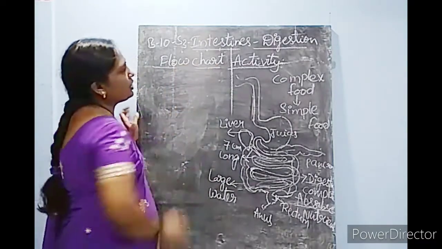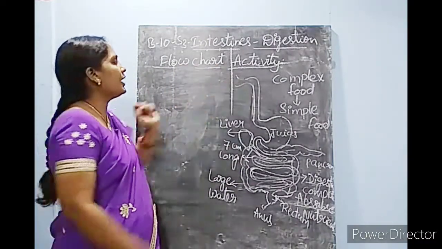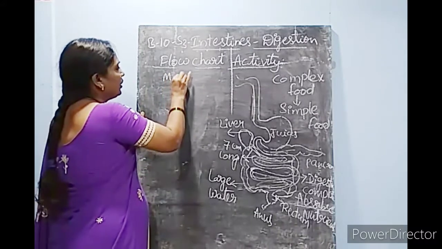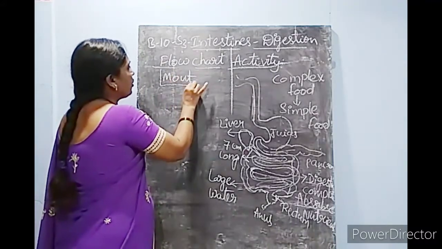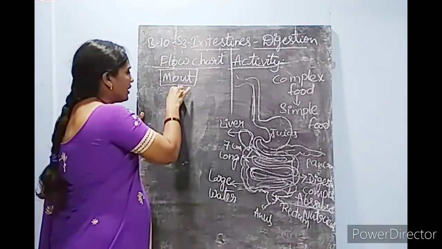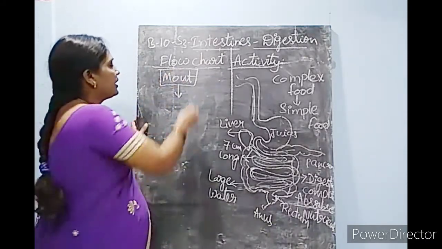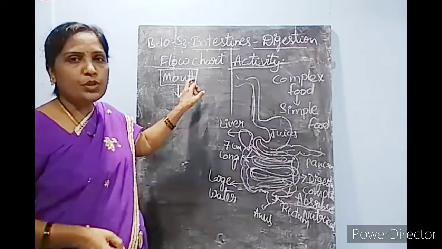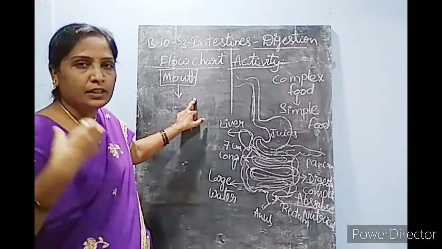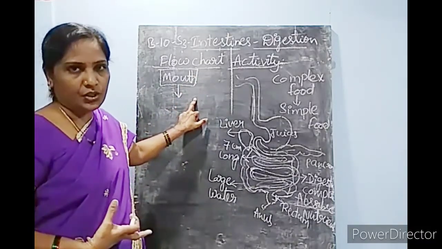The digestion process starts from which organ? Mouth. So instead of drawing the mouth, you can draw a box and write this. It indicates the organ which is taking the initial part in the digestion.